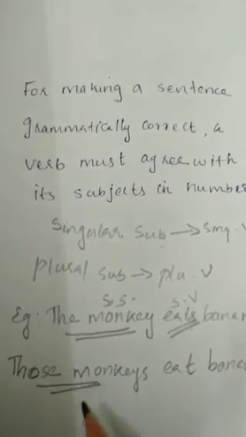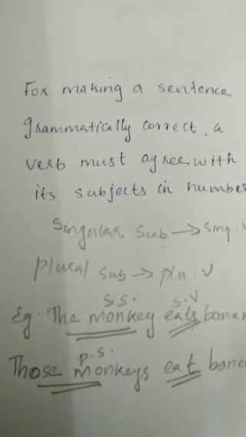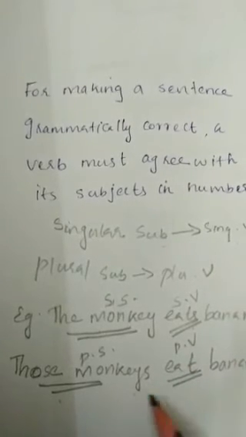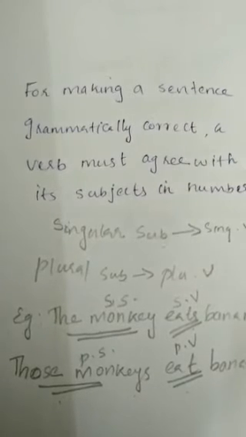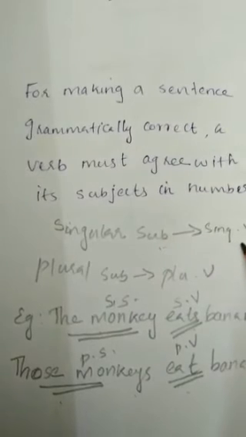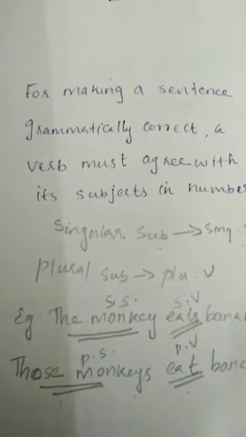This is the plural subject. So it should take what? A plural verb. So those monkeys eat bananas. So what is this? A singular subject should take a singular verb and a plural subject should take a plural verb. Okay, clear?